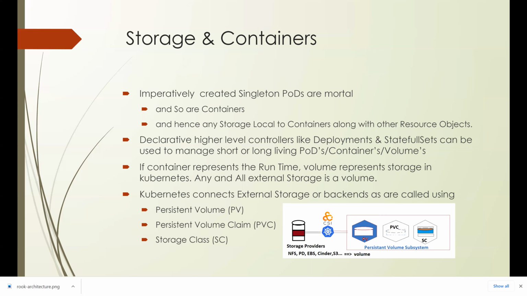So let's look at the runtime now for the volume. How do you represent the storage in Kubernetes? The storage is represented in Kubernetes as external storage or backend, and three terms are used. One is persistent volume, another is persistent volume claim, and the third is storage class.